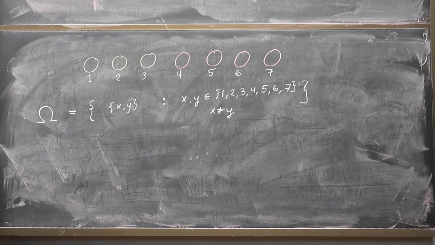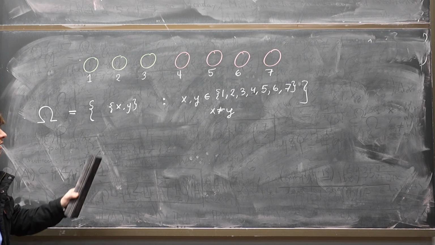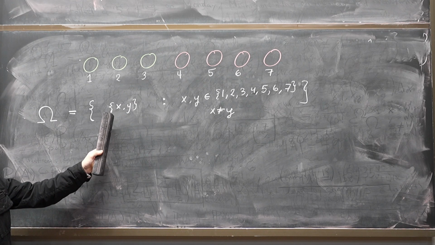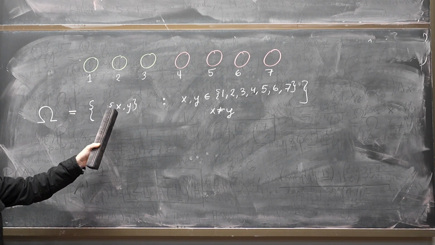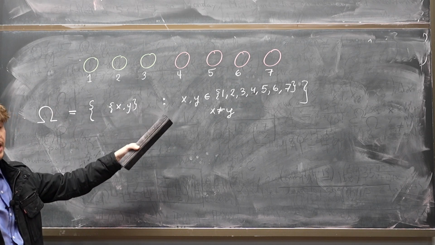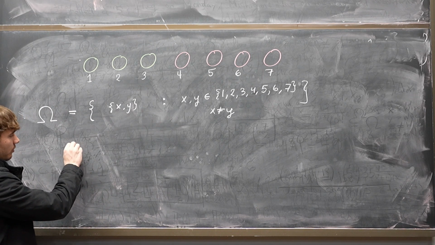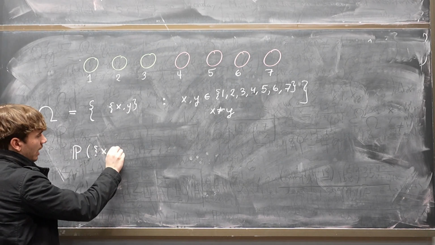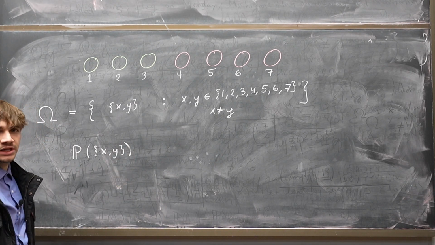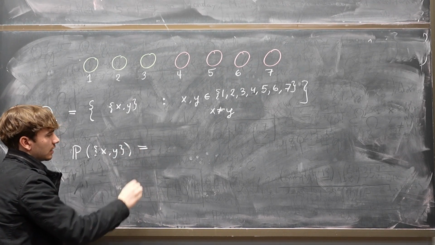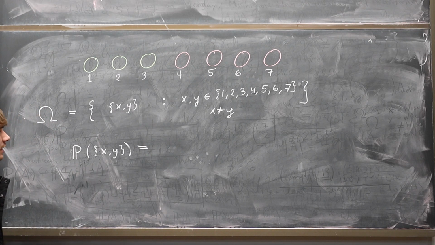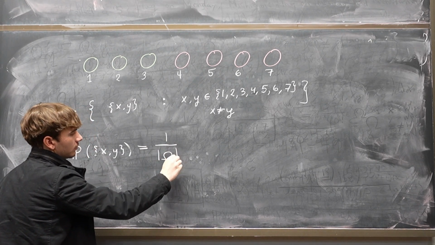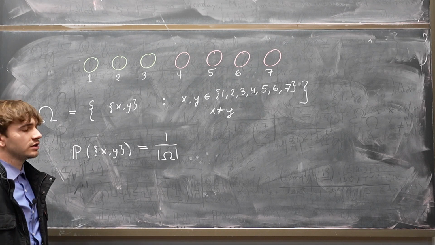And now to ascribe a probability, since I've ignored color, clearly all of these outcomes are equally likely, because I'm just choosing 2 elements uniformly at random from this set. And so the probability of a single outcome x comma y is equally likely for all possible outcomes, and the probability of this outcome occurring is simply 1 over the number of total possible outcomes, which is the size of our sample space.